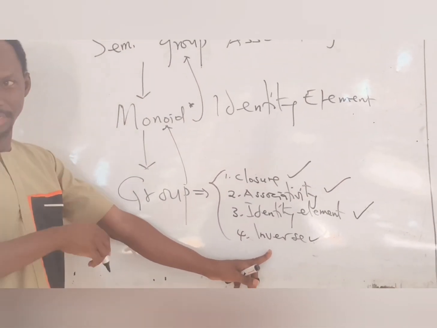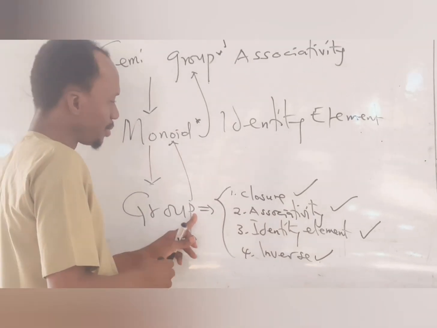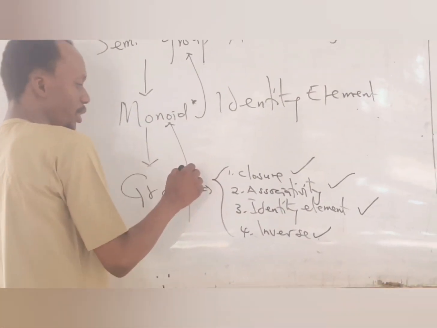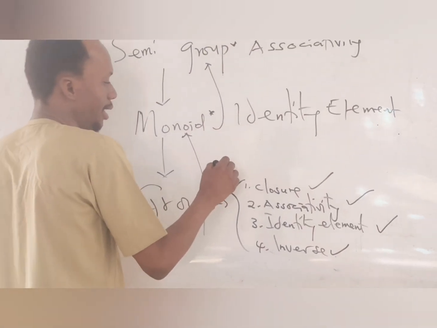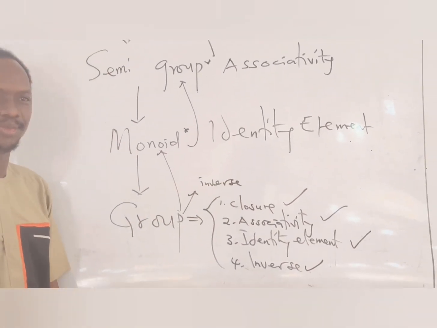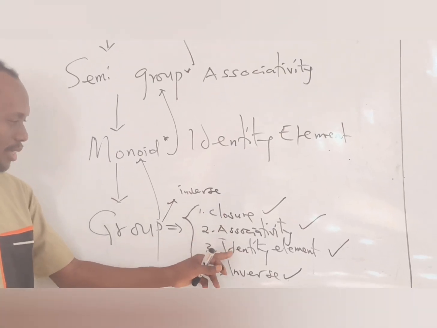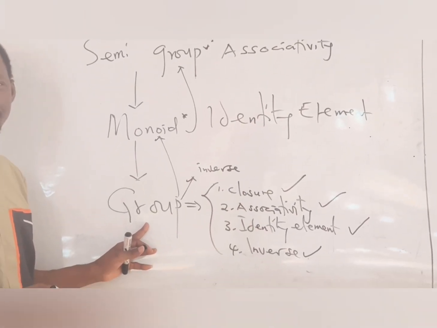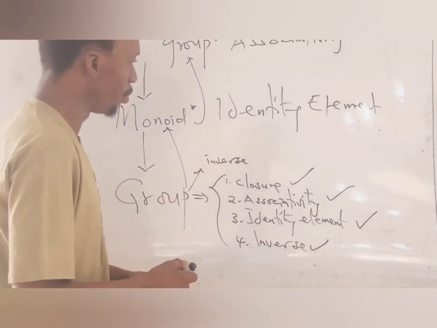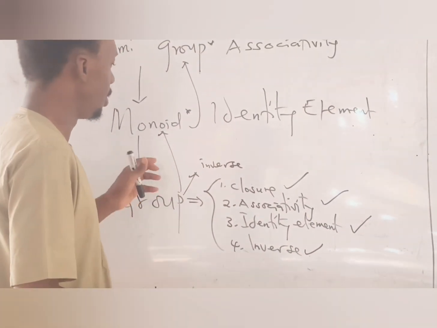And you see how the structure is. So a group is built from any monoid in which every element has an inverse. You see why we have these 4 properties as properties of a group.